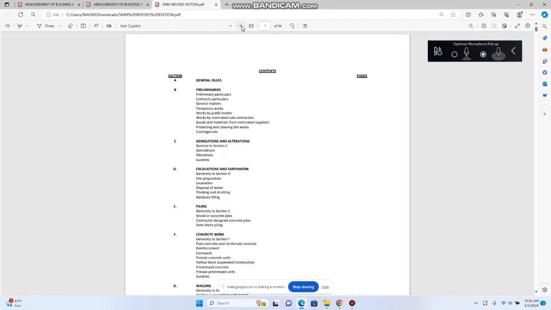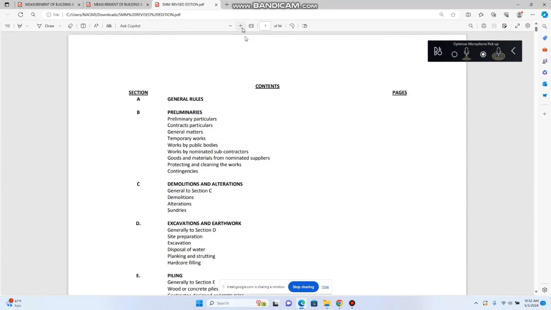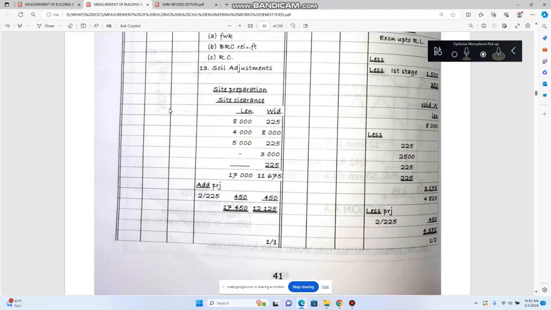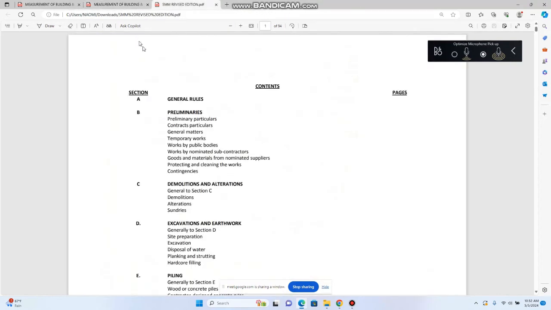The SMM, yes. Now you can see the taking off. Oh, good. I wanted to confirm that so that I don't talk of things that you can't see.